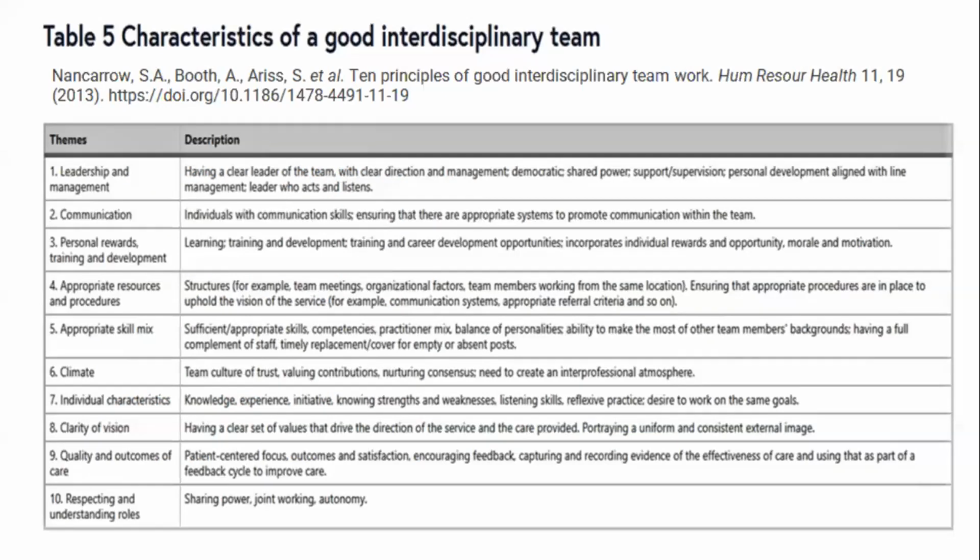So if you're looking at teams, what would be the characteristics or the principles of good interdisciplinary teams? A good team has some of these characteristics that are listed here as themes. One, when they are functioning together, there is always leadership. And of course, leadership means followership as well.